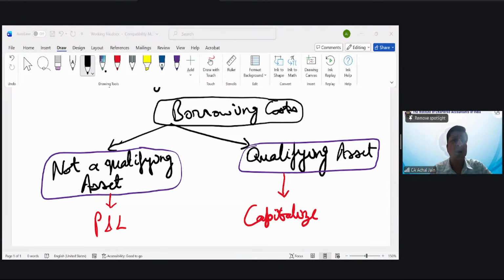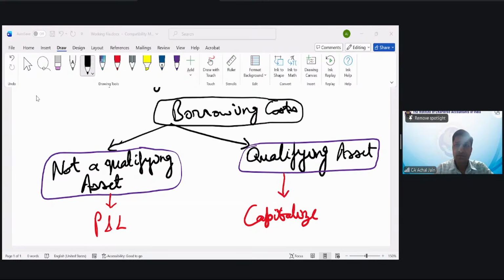It's the specific component which is a matter of our discussion. Everyone clear on this? Accounting treatment of borrowing cost means it goes to P&L, and when do you capitalize it? Simple to understand.